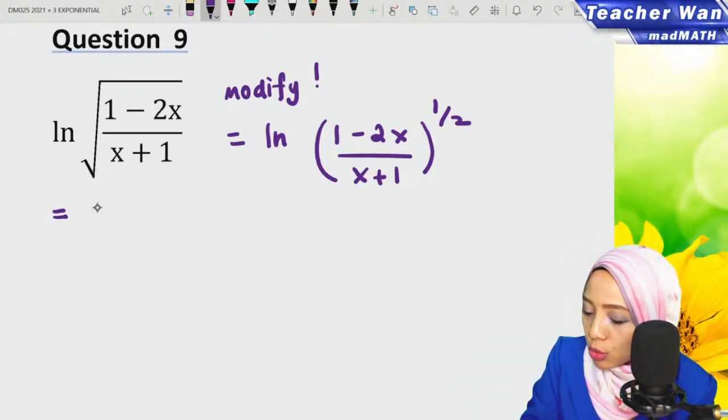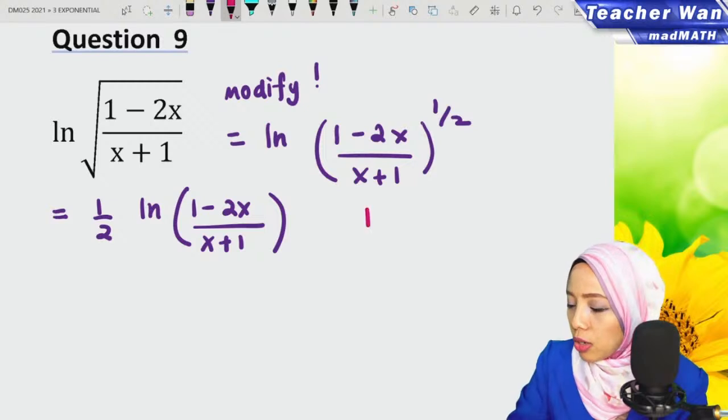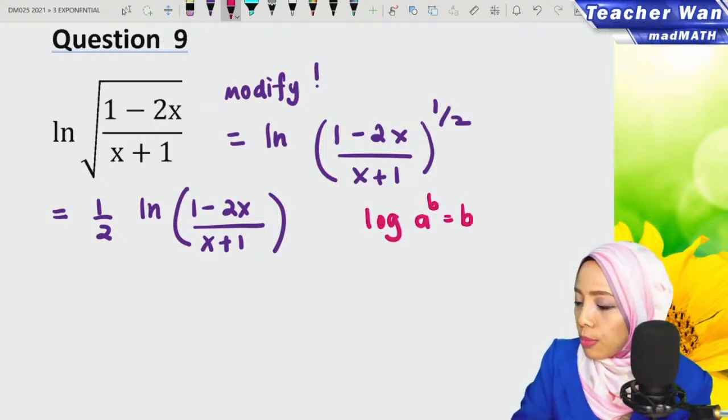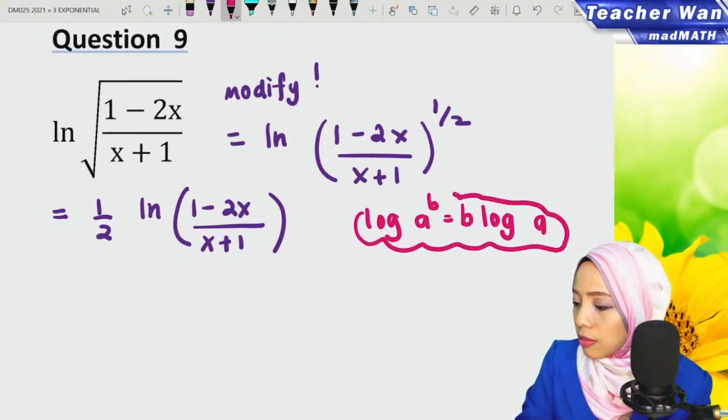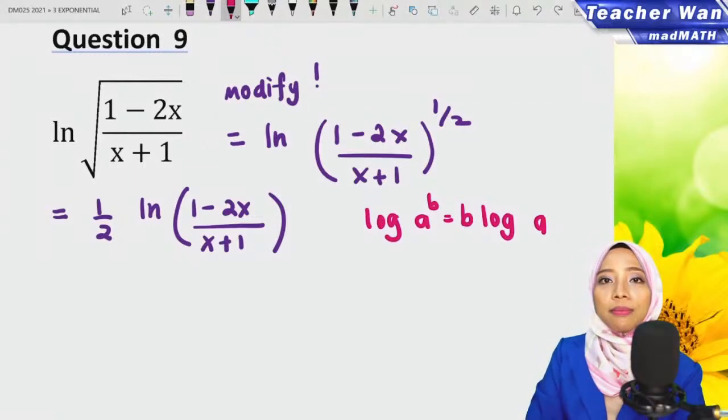I am going to use log properties, that is 1 to the front, ln 1 minus 2x over x plus 1. So this is I am using log A to the power of B equals to B log A. For this one. No need to repeat many times. Okay? Alright.